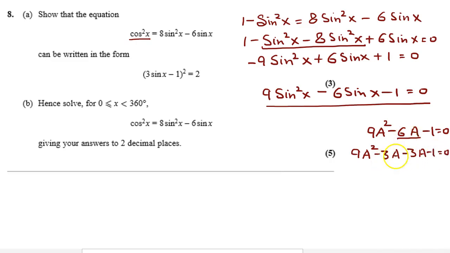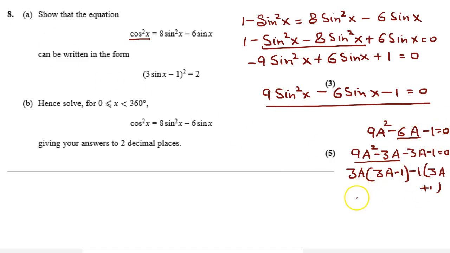Now for the first two terms I am taking 3a common. So this is 3a(3a - 1). Minus 1 is common, so this will be 3a, this is plus 1.